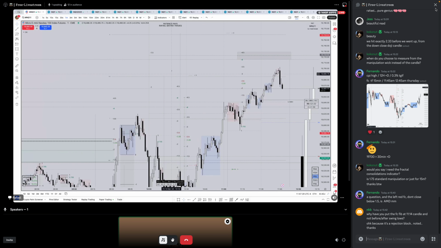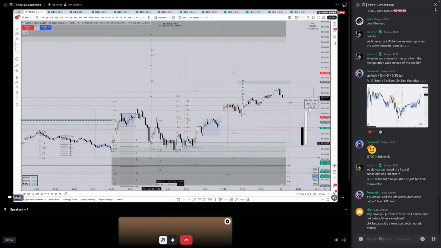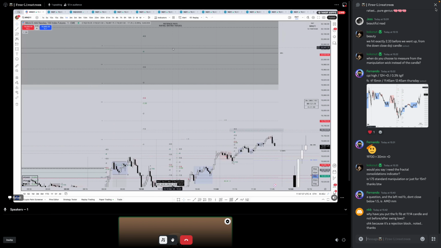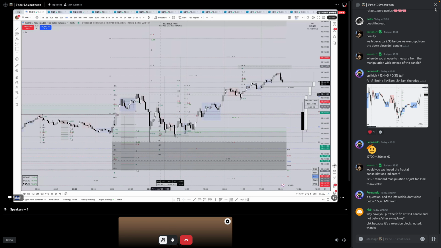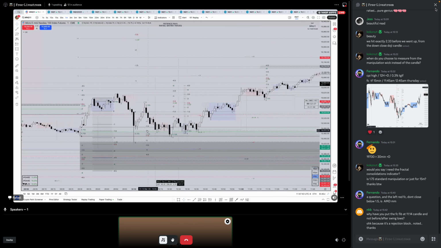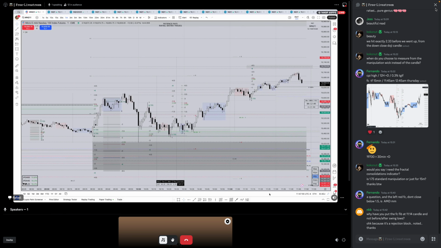But for me, like I said, this doesn't make sense because if we follow this measure, we need to see price here, 20,000 today, and I don't think so because this is a news candle, not a regular 10 a.m. candle.